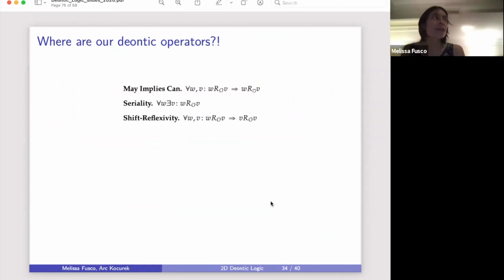So now we get to what deontic logic is like in the standard literature, which treats the deontic puzzles like Ross's puzzle and free choice permission. Here are some reasonable principles typical in that literature. One is that may implies can. So our deontic relation, if we're going to add it, should be a subrelation of metaphysical possibility. Another is seriality.